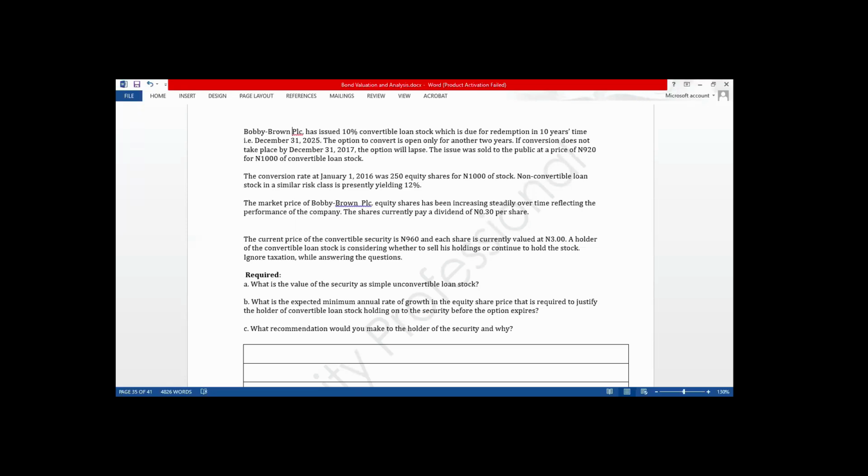This alternative assumes that the convertible bond or the convertible loan stock will not be converted to ordinary shares. In this case, you are going to value it as an unconvertible debt.